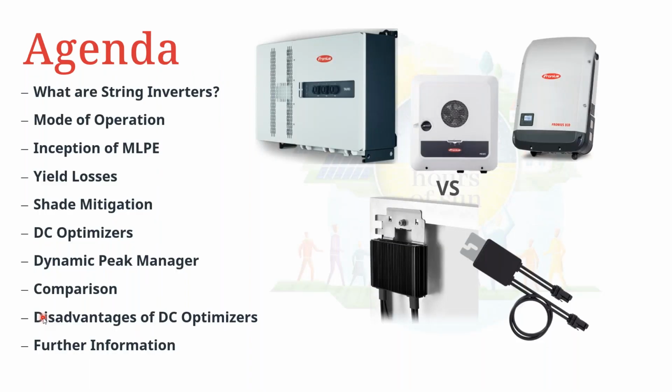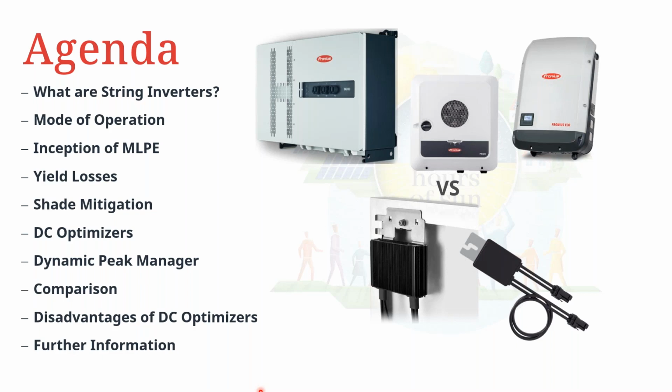So let's now have a quick look at the agenda. I'll start off by defining what string inverters are. Have a brief look at the mode of operation, the inception of MLPE. We'll find out what that means eventually. We'll now look at yield losses.